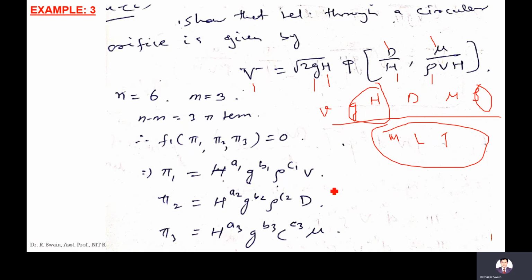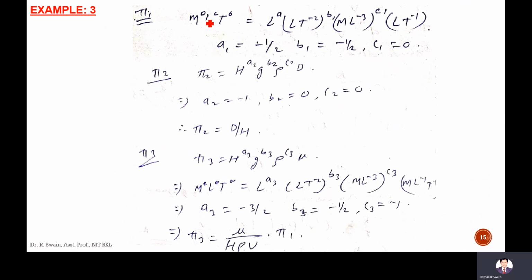Now we have to write the dimensions of these variables, M0, L0, T0. After writing dimensions, we solve for a, b and c. So a1, b1, c1 will be minus half, minus half, 0. Similarly in pi 2, it is h to the power a2, g to the power b2, rho to the power c2, d.